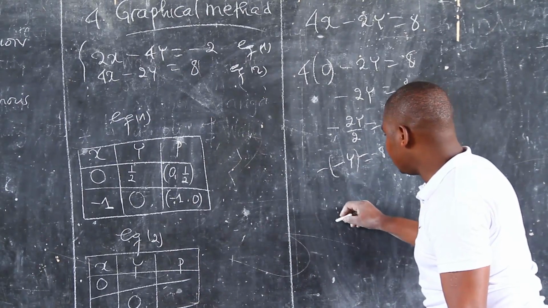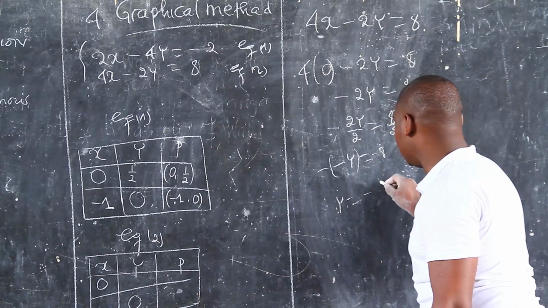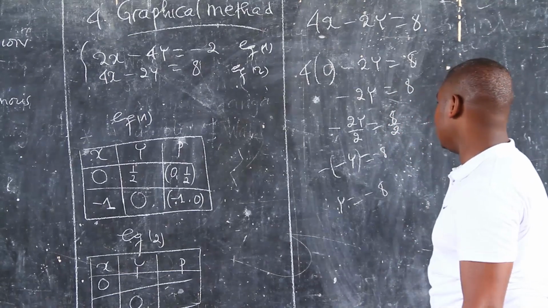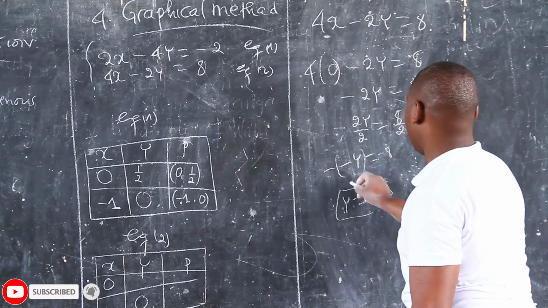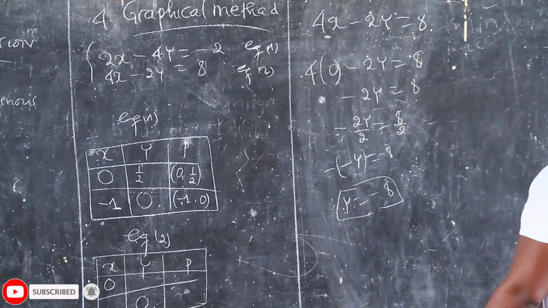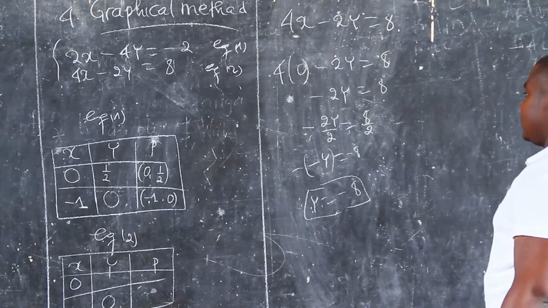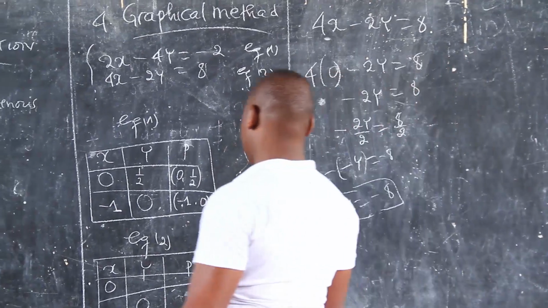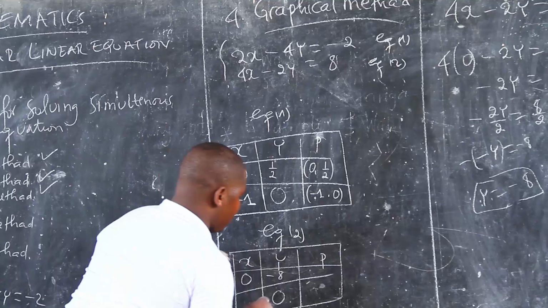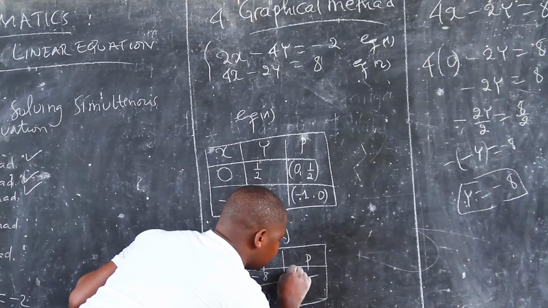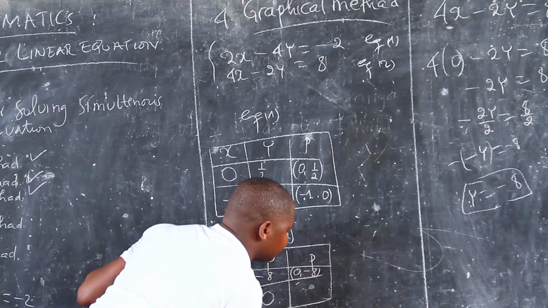Then I find y equal to negative 8. This is the value of y. Then the point will be equal to 0, negative 8.